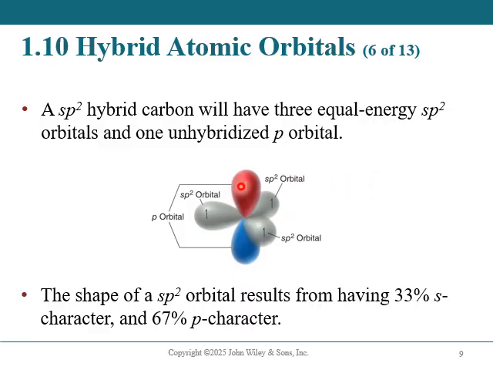So this little red and blue here, that's a p orbital that's not hybridized at all. It can still interact, it can still form bonds. That's actually how we get the second bond in that double bond, by having those p orbitals combined. The shape of an sp2 orbital results from having 33% s character and 67% p character. So it's going to look a little bit less like a p orbital.